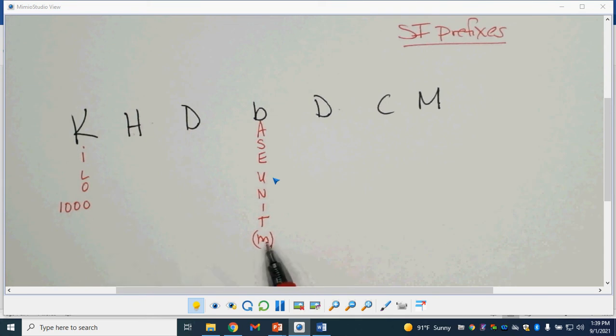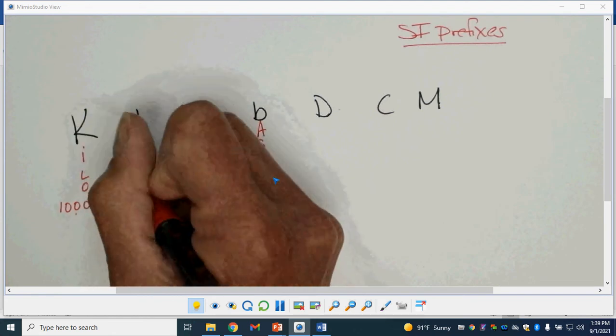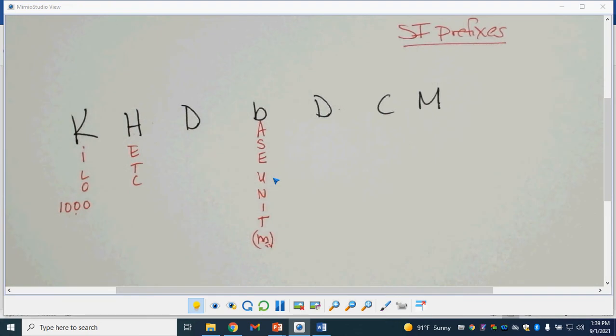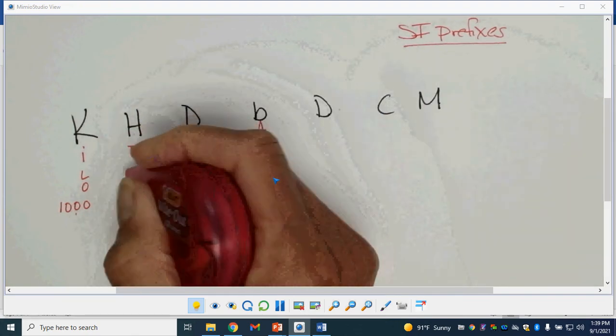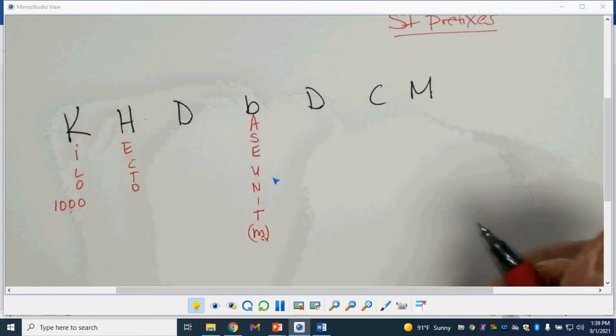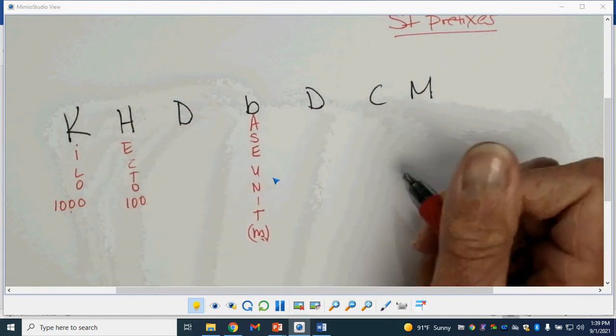So I have to have many of these to make up one of these. H is hecto, and that is 100.